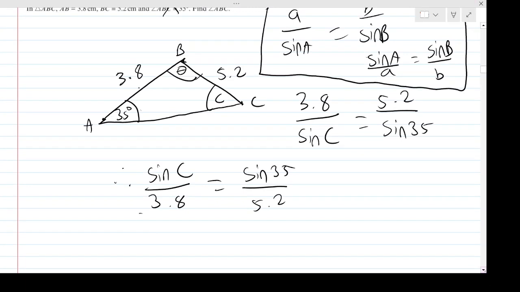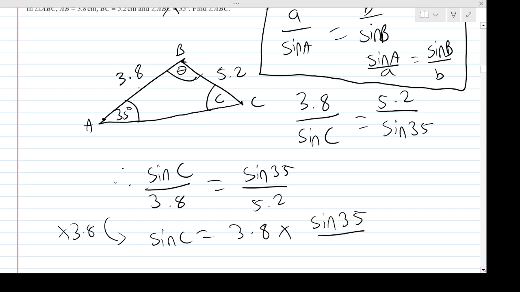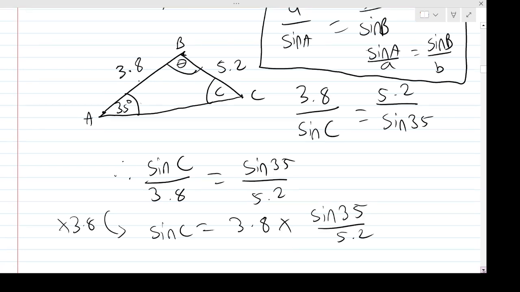Well, what I can then do is times 3.8 to both sides. So I'll just get sine C is equal to 3.8 times this fraction of sine 35 over 5.2. So then I'll just put all that in the calculator.